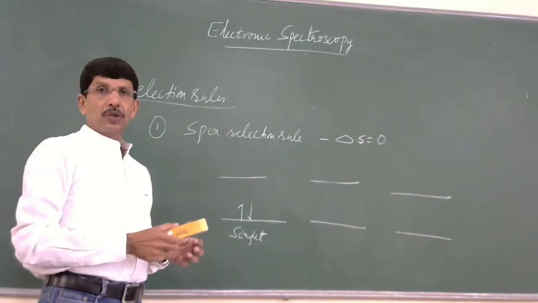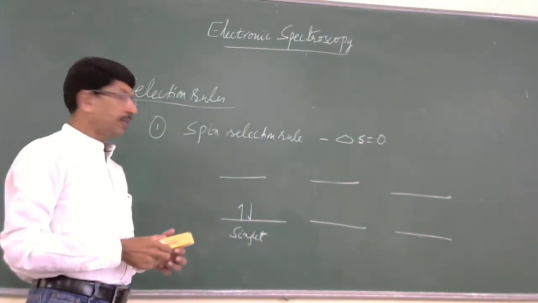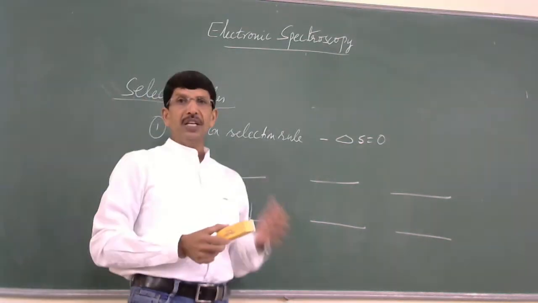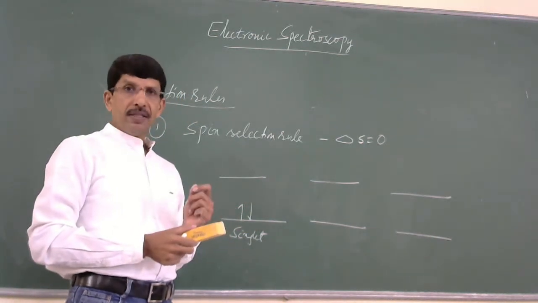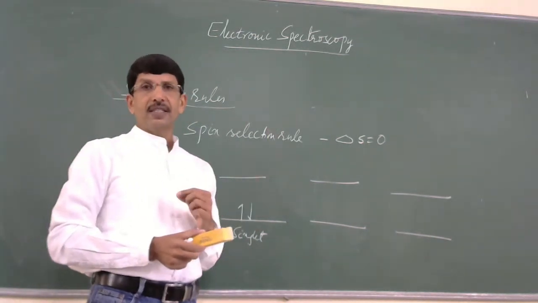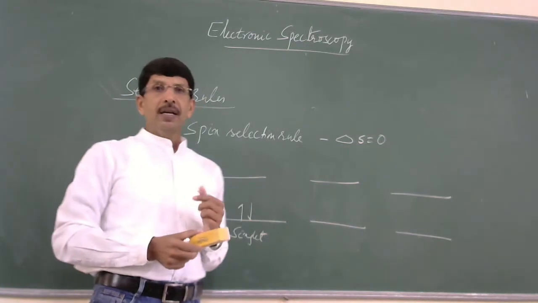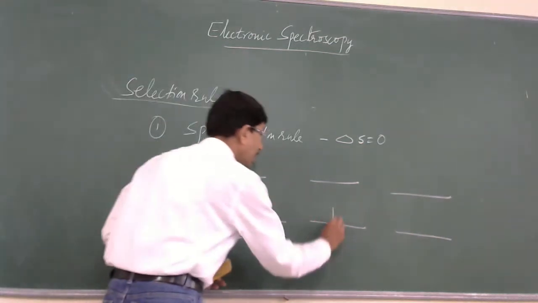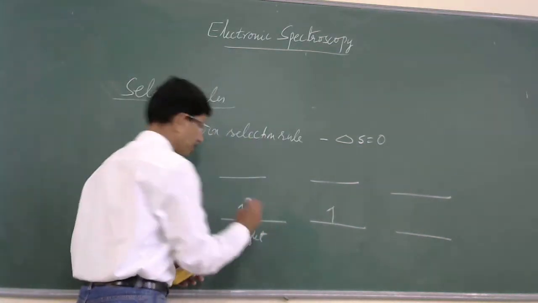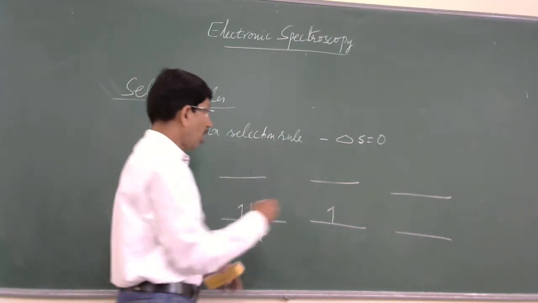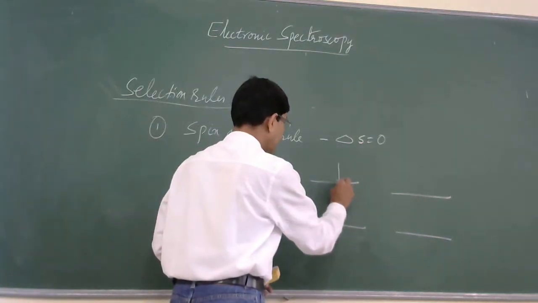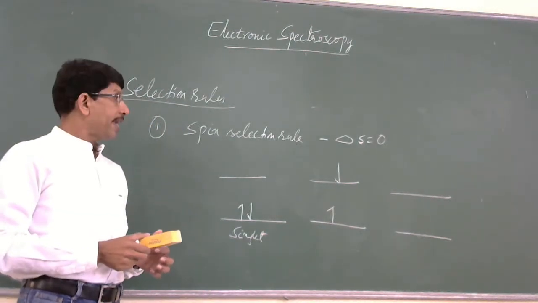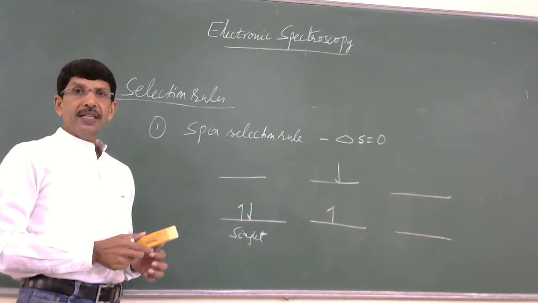The first selection rule in UV-visible spectroscopy states that there should be no change in the total spin quantum number. In the sense, whenever an electron is excited to a higher energy level, there should be no change in the spin of the electron. For example, this electron with the clockwise spin is excited and transferred to the higher energy level without change in its spin state.